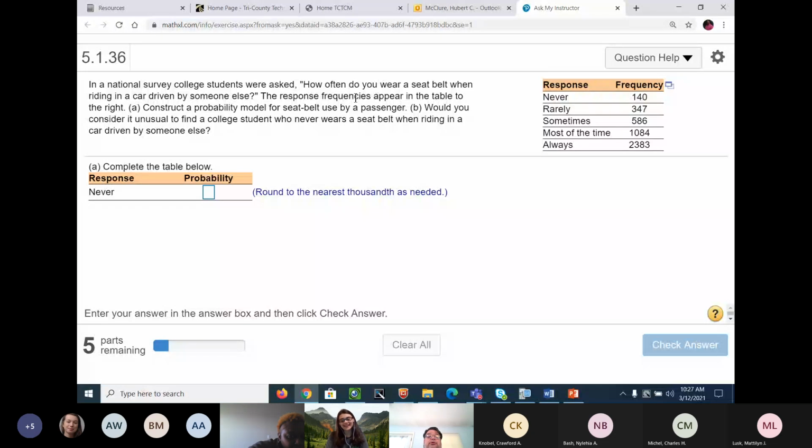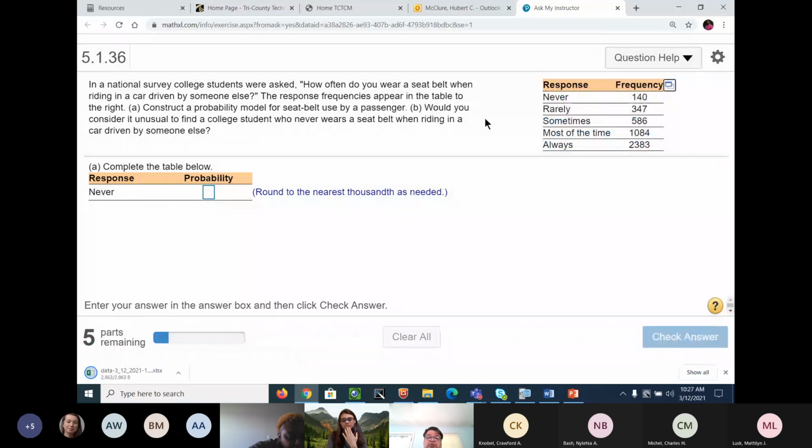The response frequencies appear in the table to the right. Construct a probability model for each. I'm going to go to the spreadsheet only so I can put it all on one page. You can do this in your calculator. It says round to the nearest 1,000.